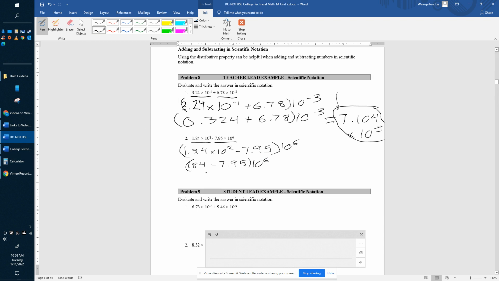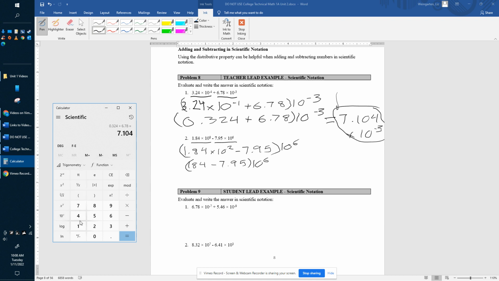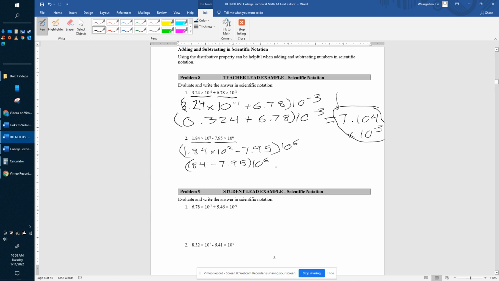Now that we have decimal forms for each of those numbers, we can put them in our calculator. We have 184 minus 7.95, 176.05, times 10 to the 6th.